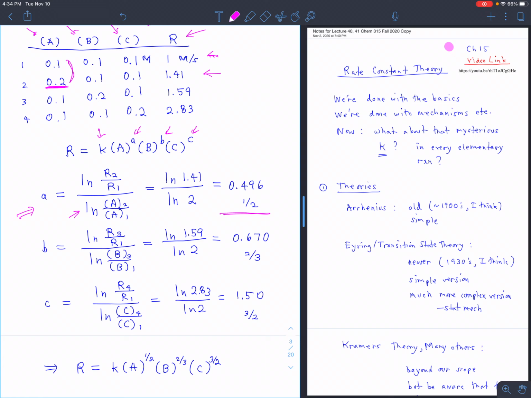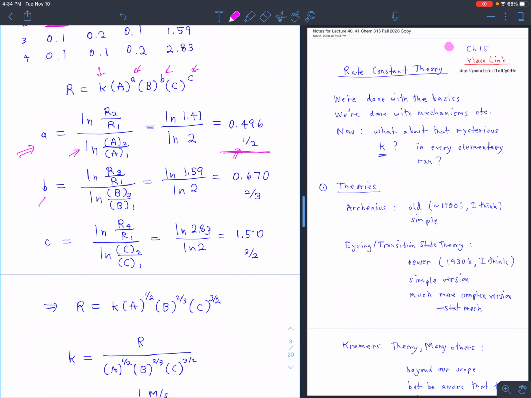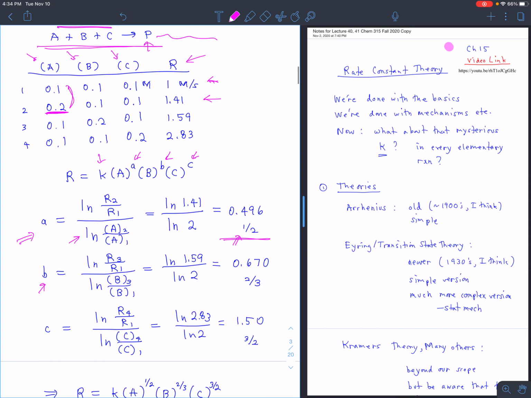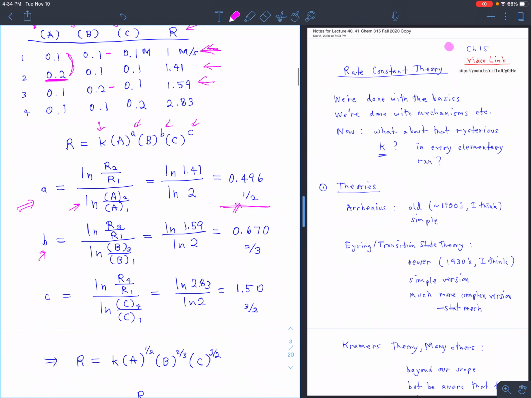And in this case, it turns out to be 0.496, which, with experimental error, is probably an order of a half. In the case for B, it's again the 2 rates that correspond to the 2 rows where B changes. And so it's log of R3 over R1 divided by log of B3 over B1.